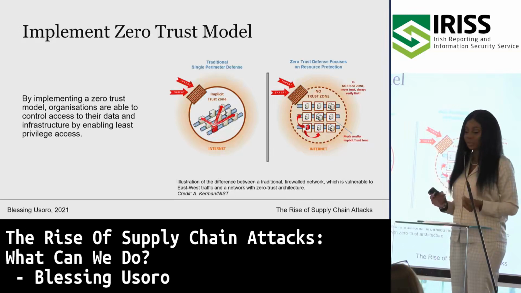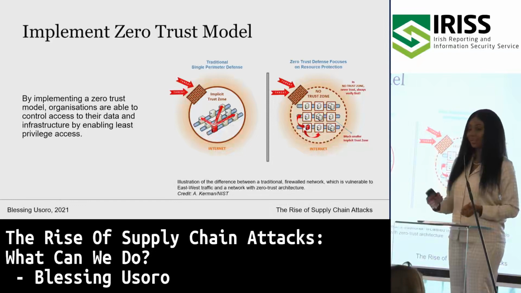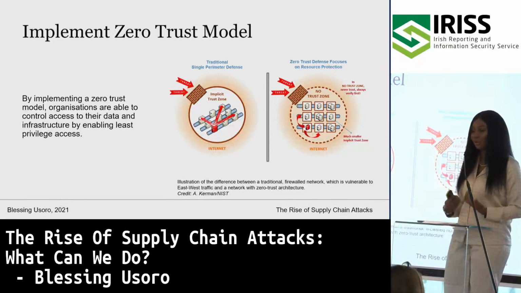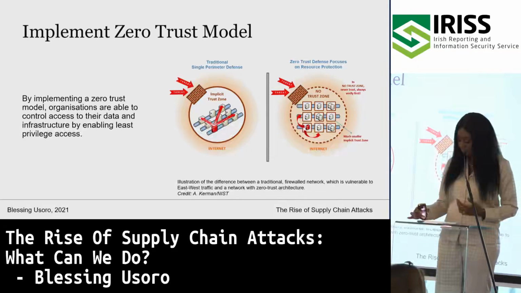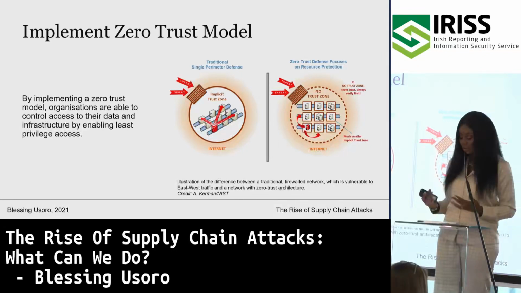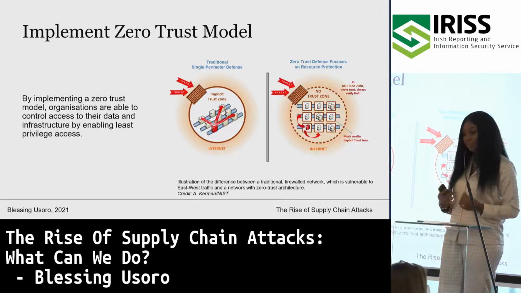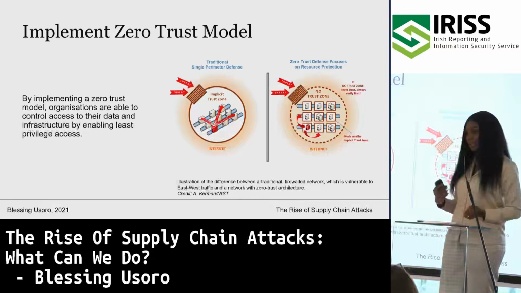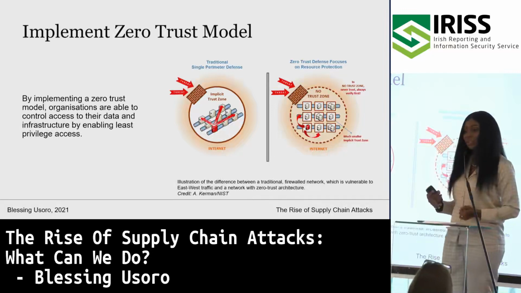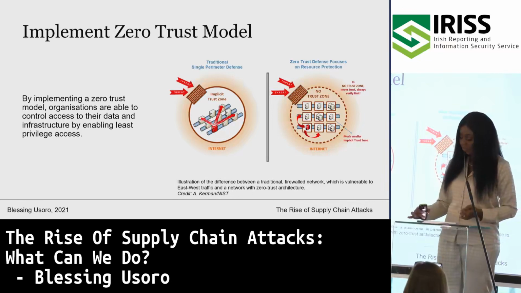And then they infiltrate your trusted supplier's access network into your own network just to gain information. It's terrible. By implementing a zero trust model, organizations are able to control access to their data and their infrastructure by enabling least privilege, again, giving them access to only what they need and not what they want to have.